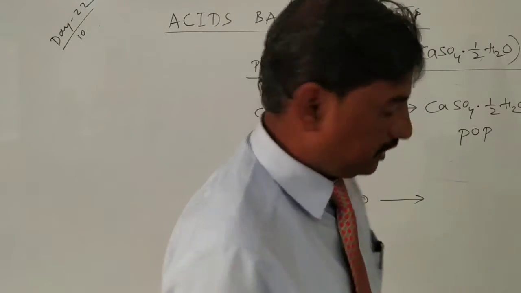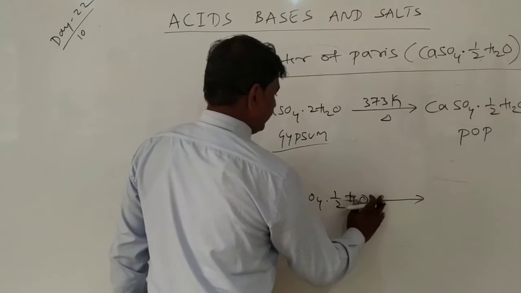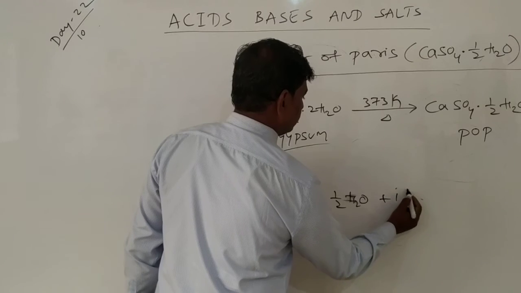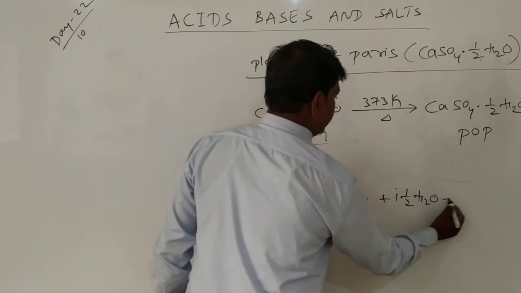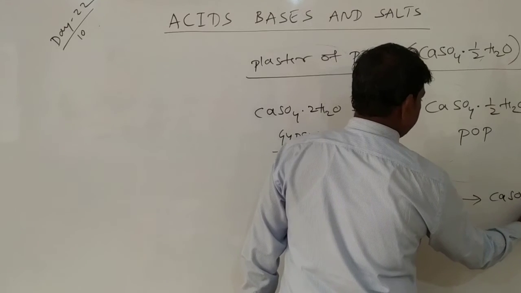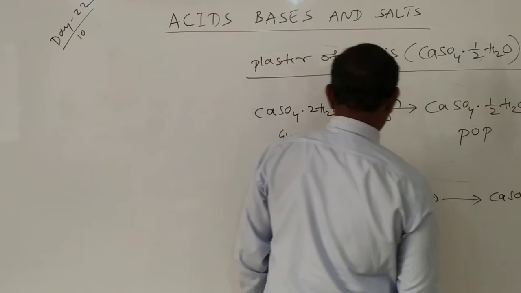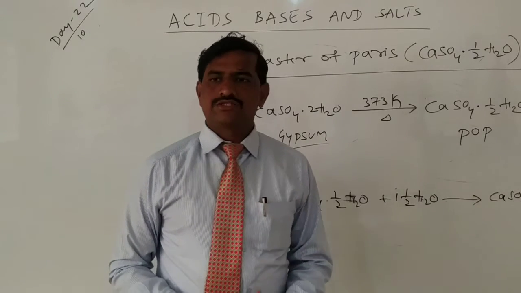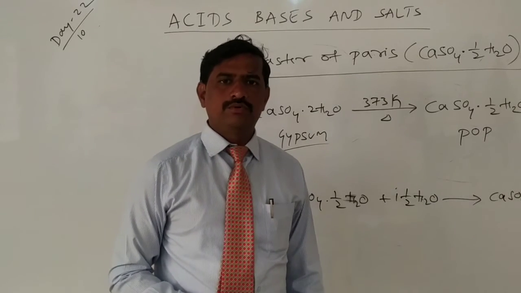That is CaSO4·½H2O plus 1.5 H2O, taken from the atmosphere, again it will become CaSO4·2H2O. Okay, to avoid this problem, Plaster of Paris is stored in a moisture-proof container.